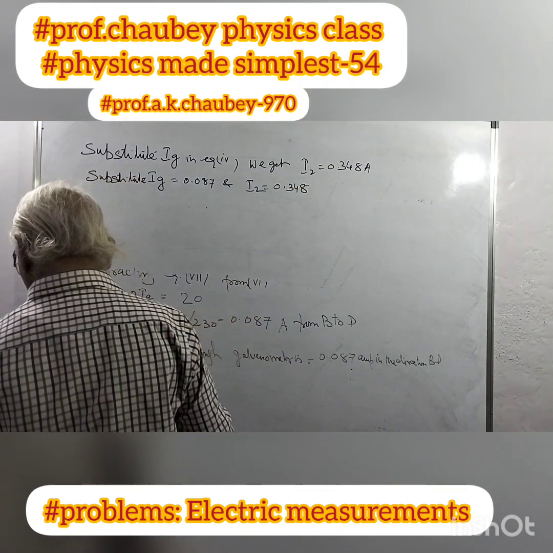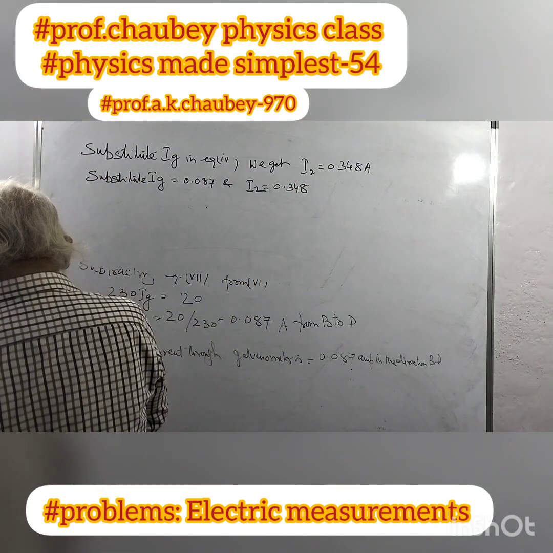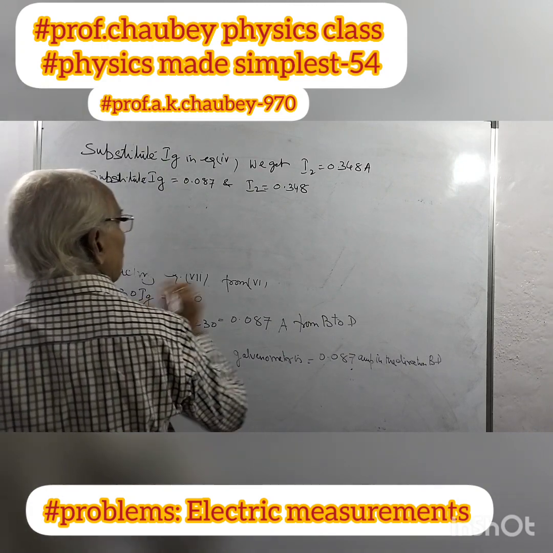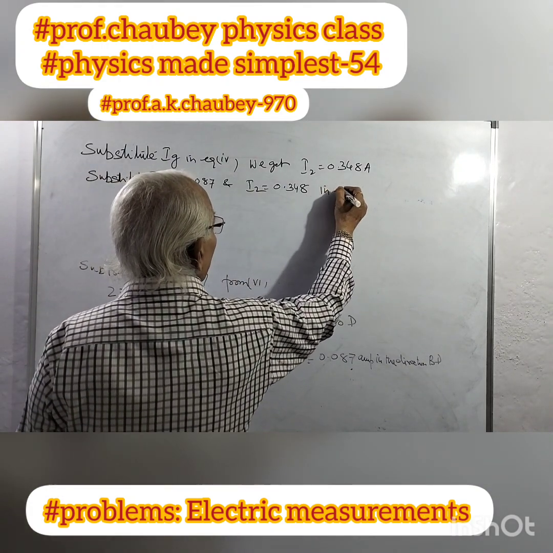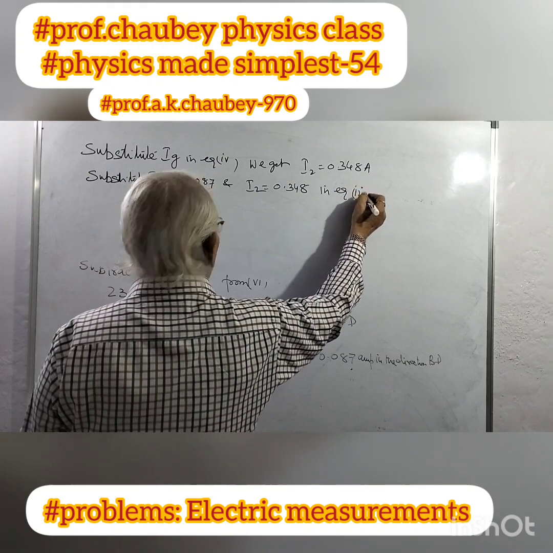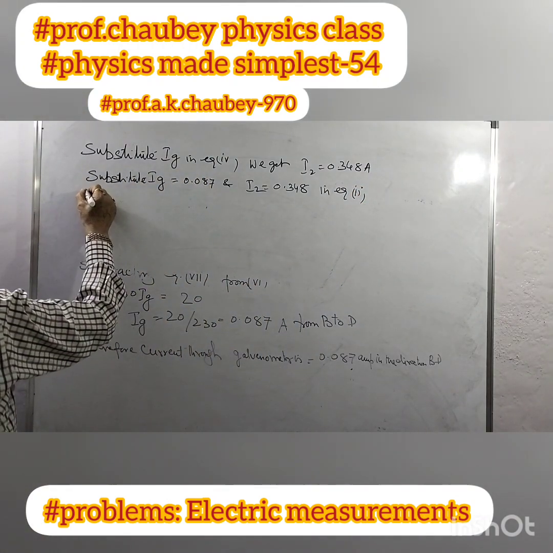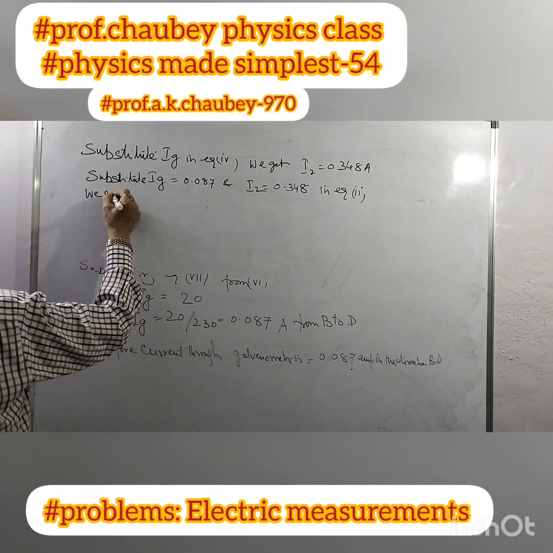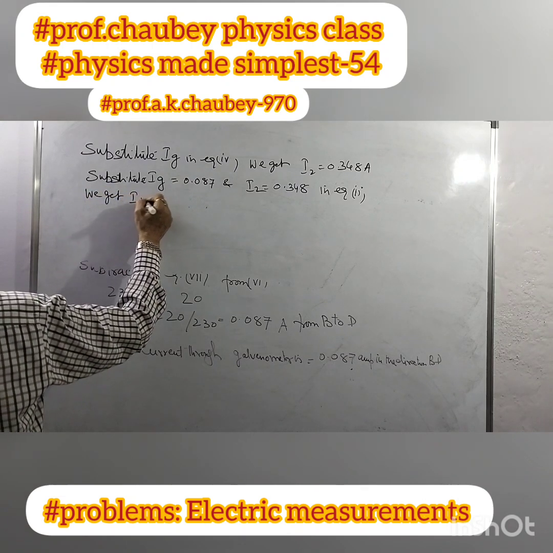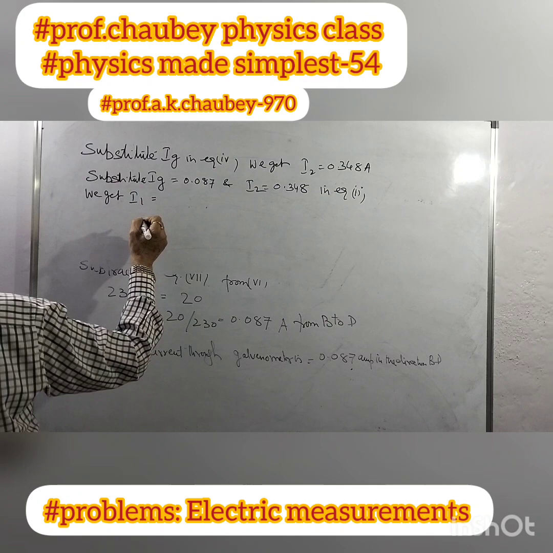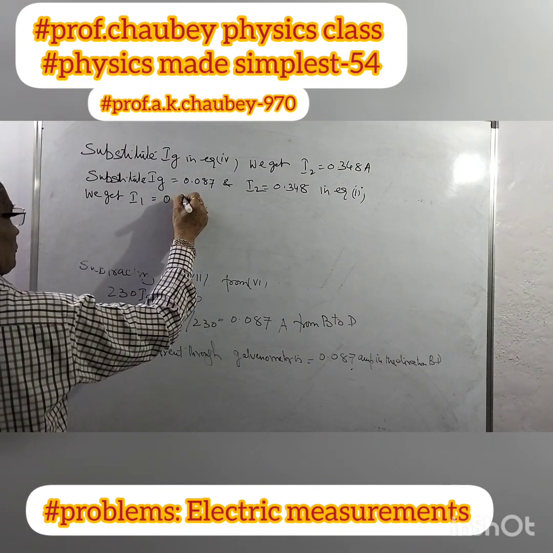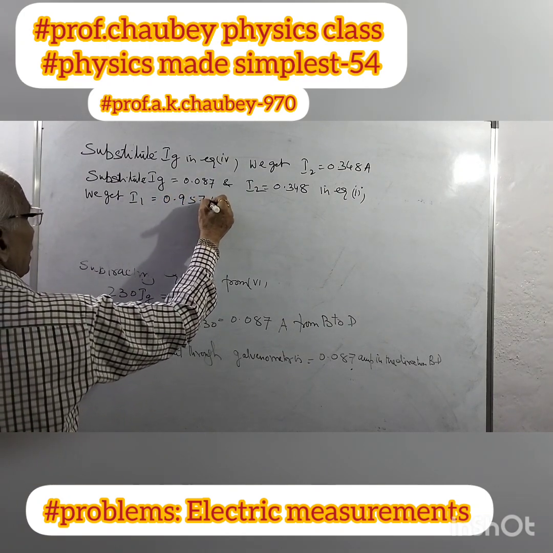Both these values, Ig and I2, you substitute here in equation 2. If we do this, we get I1 equal to 0.957 ampere.